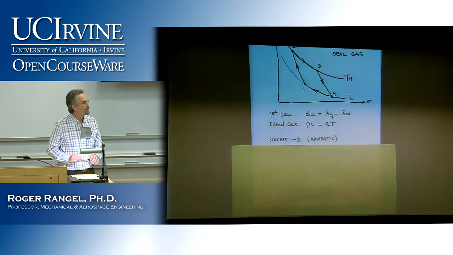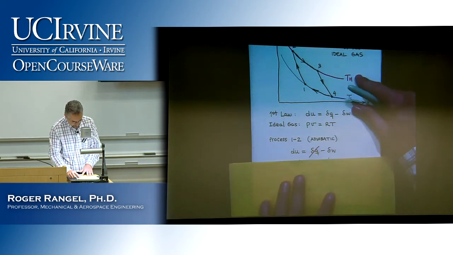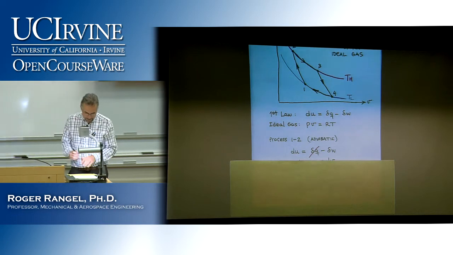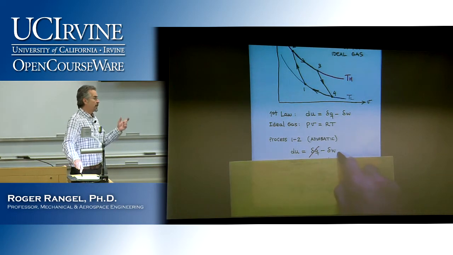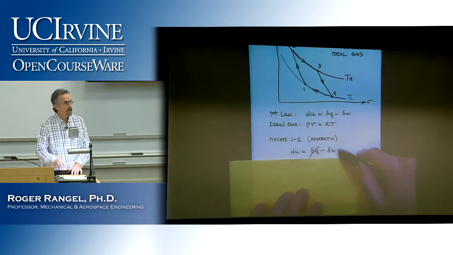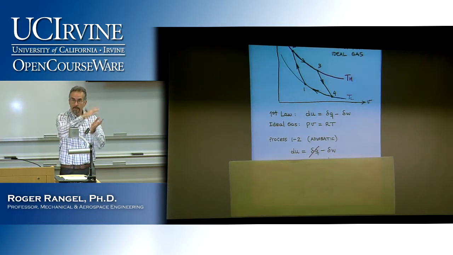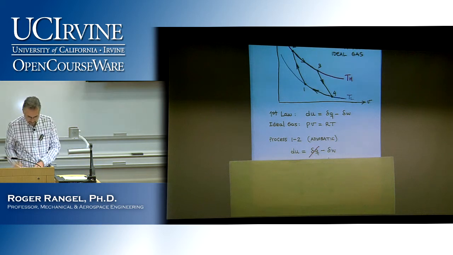It is adiabatic, so knock out the delta Q. That's 0. And what else can I do? I know an expression for the work, because this ideal gas is in a cylinder with a piston. I showed you the picture of this Carnot cycle last time.